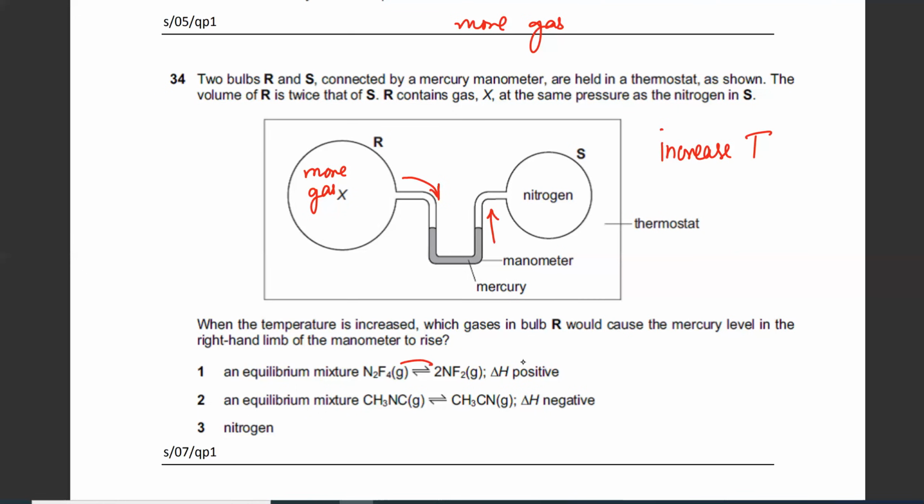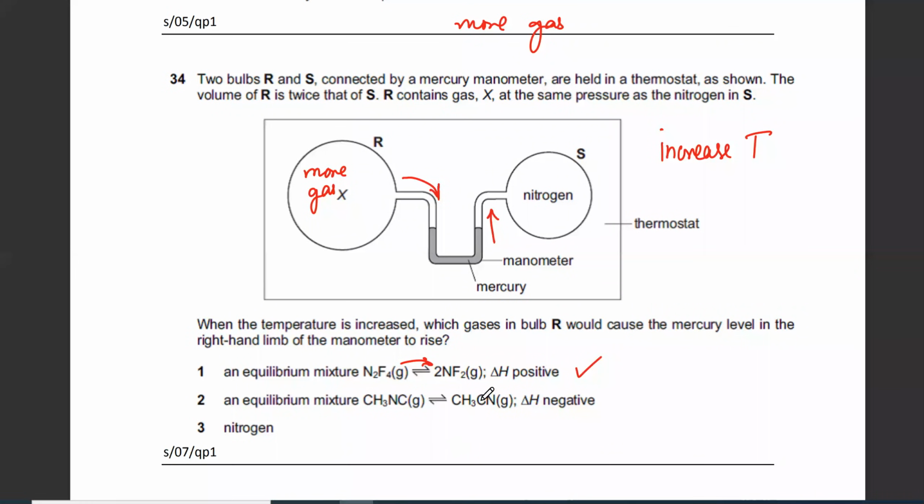It's going to shift to the right, because the forward reaction is endothermic. So you're going to get more gas. One molecule changes into two molecules, and the quantity of gas doubles. So the gases would push, and the mercury on this side would rise. So the first statement is correct.